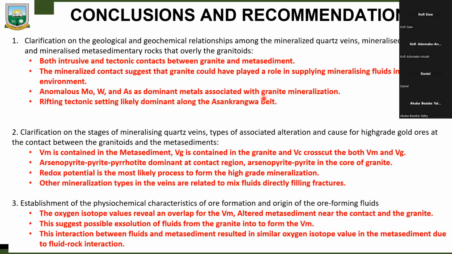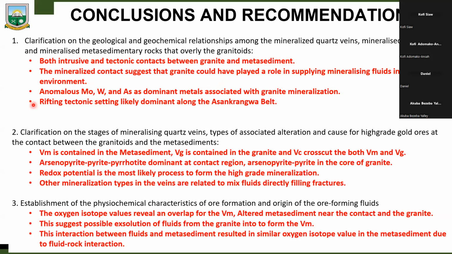So that is why we can think of some kind of contribution from the granite system. Then the rifting tectonic setting was the dominant tectonic environment during the emplacement of the granites.